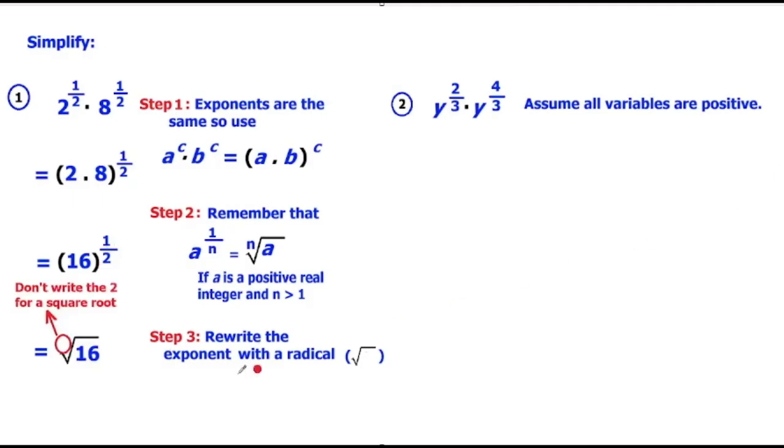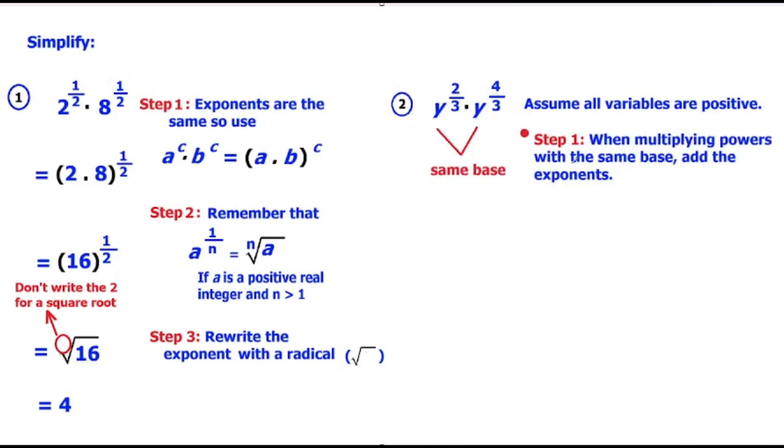And just one more tip, you don't write the 2 for a square root, okay? You don't have to put a 2 here when it's a square root, because that's implied with the radical, okay? So the square root of 16 is equal to 4. So now we know that this expression is just equal to 4.